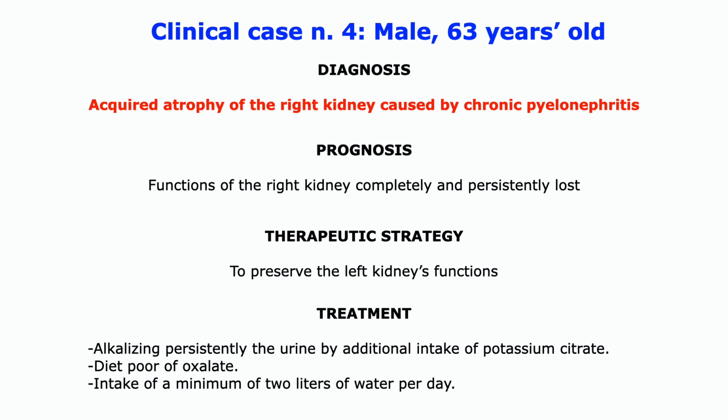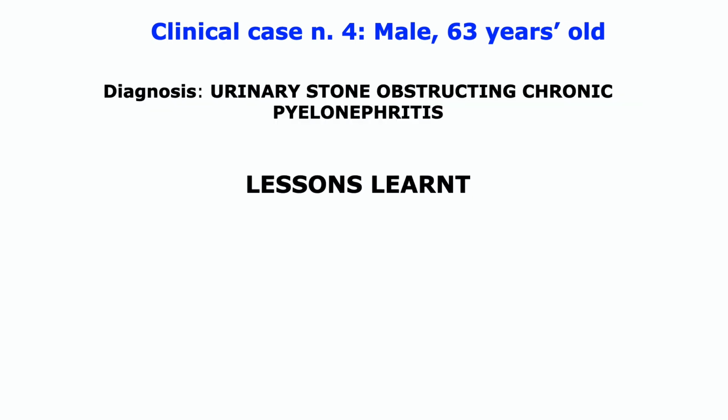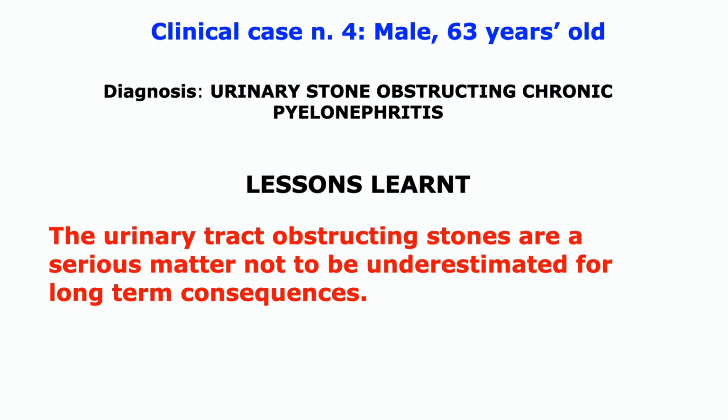Alkalizing the urines by persistent intake of potassium citrate to prevent oxalate crystals from precipitating. 3. Diet poor of oxalate. 4. Drinking a minimum of 2 liters of water per day. The urinary tract obstructing stones are a serious matter not to be underestimated for long-term consequences.